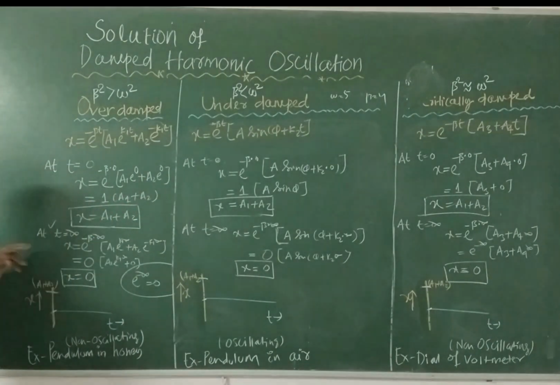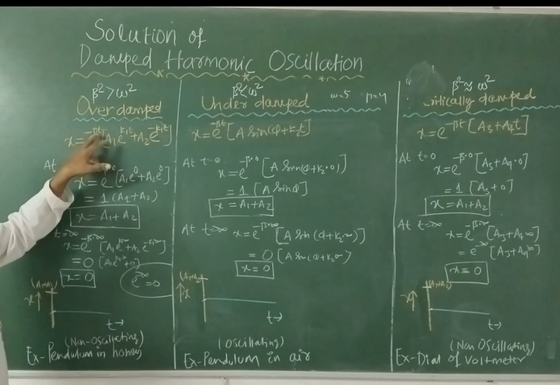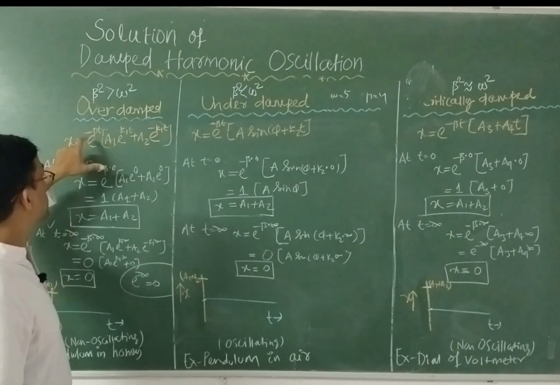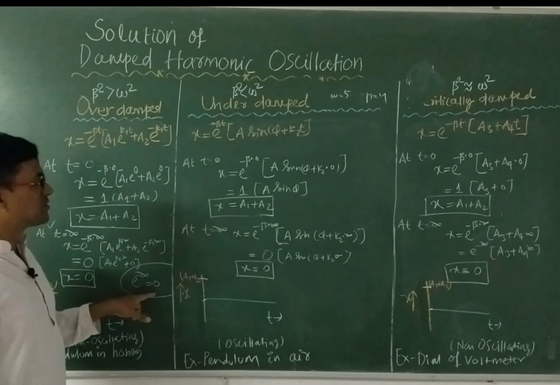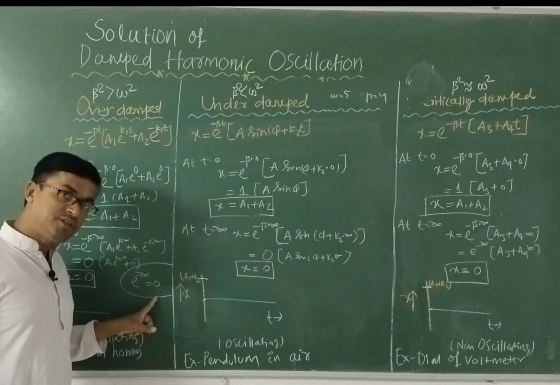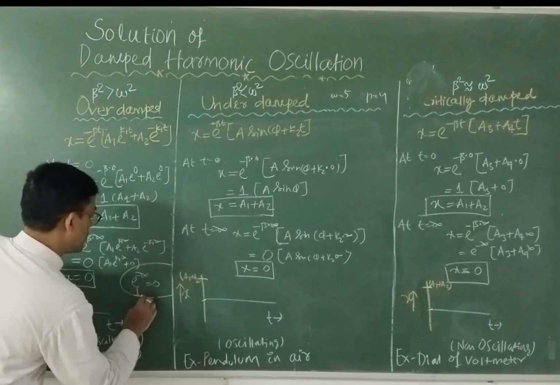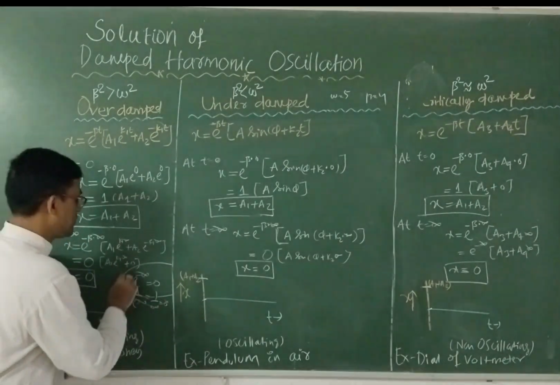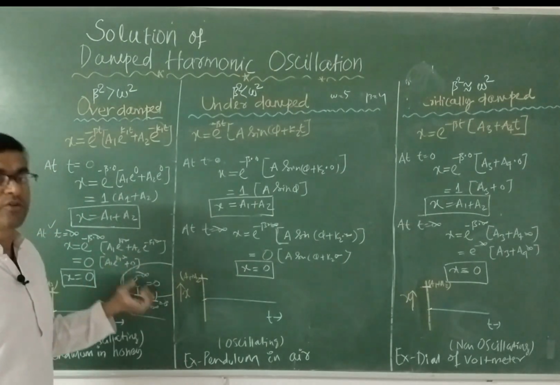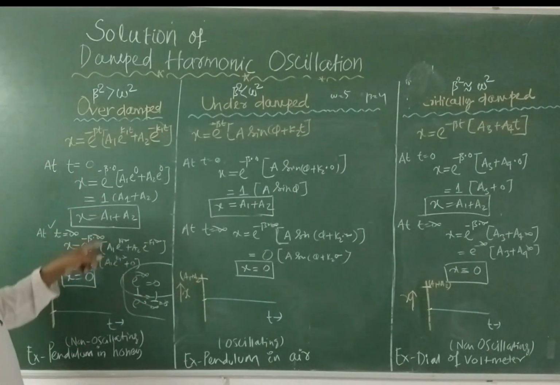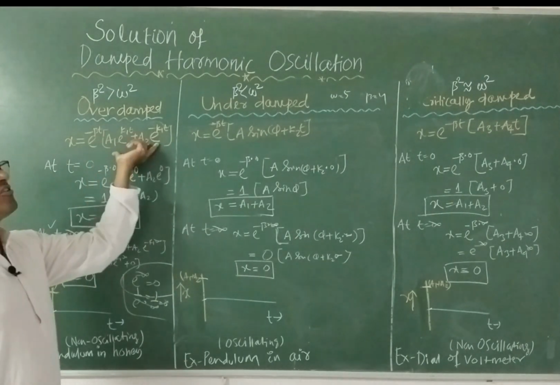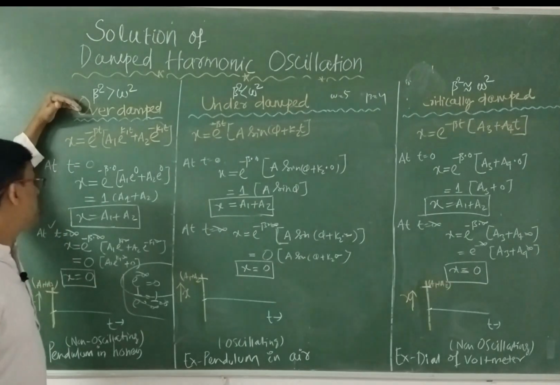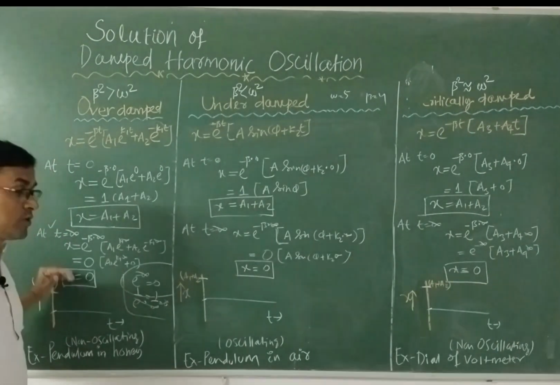At t equal to infinity, for overdamped, just put t equal to infinity, it will become e to the power minus beta into infinity. e to the power minus infinity, you know, is 0, meaning 1 by e to the infinity, which is 1 by infinity, equal to 0. So if you put e to the minus infinity as 0, then whatever the term inside the bracket, 0 into something equals 0. That means for the overdamped condition at t equal to infinity, x equal to 0.